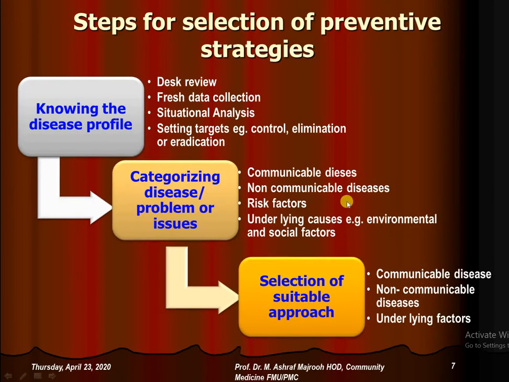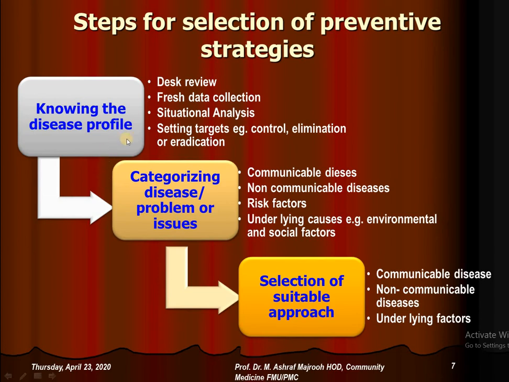Now, what are the steps for selection of preventive strategies? There are three steps: knowing the disease profile, categorizing the disease problem or health-related issue, and then selection of a suitable approach.